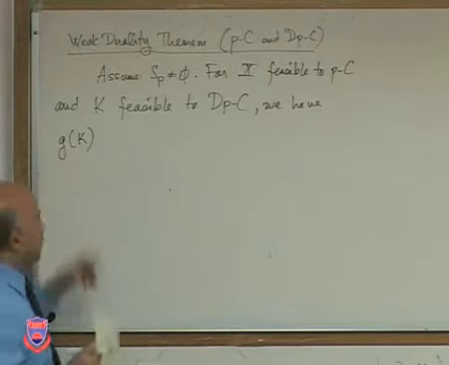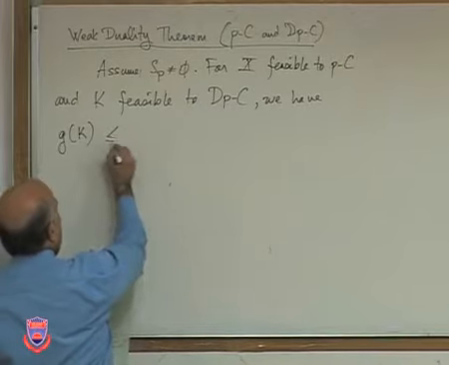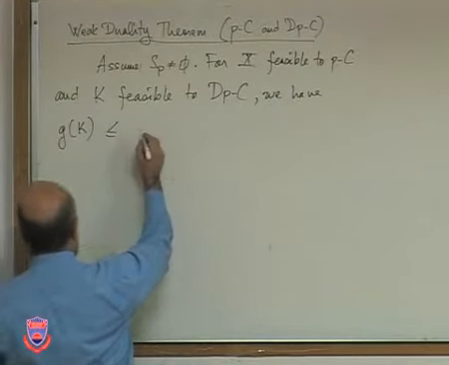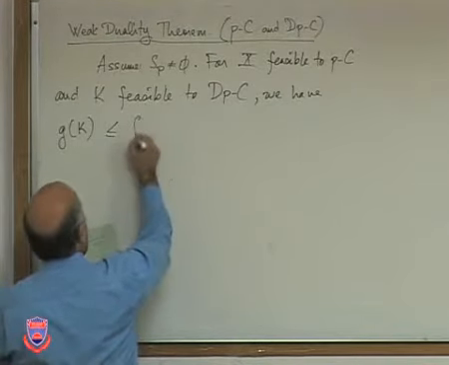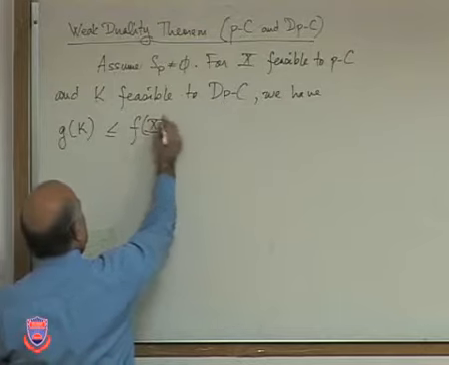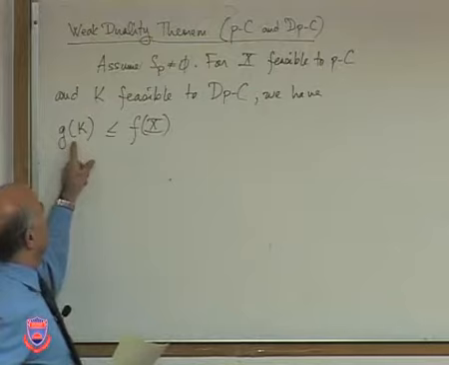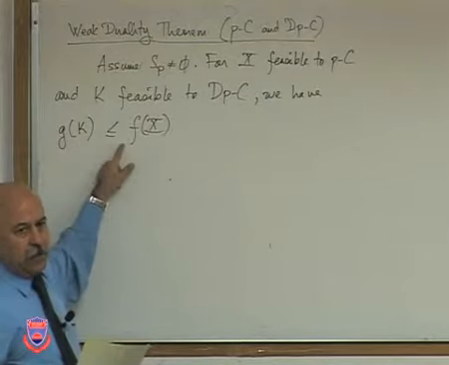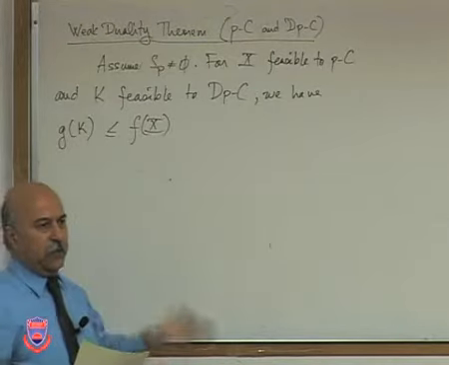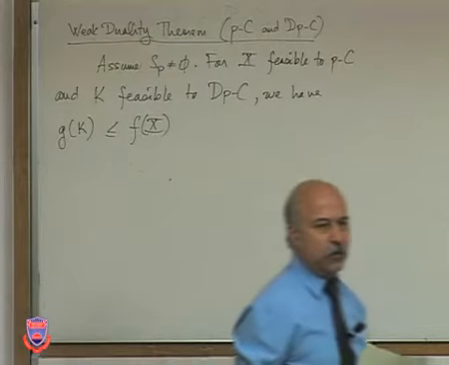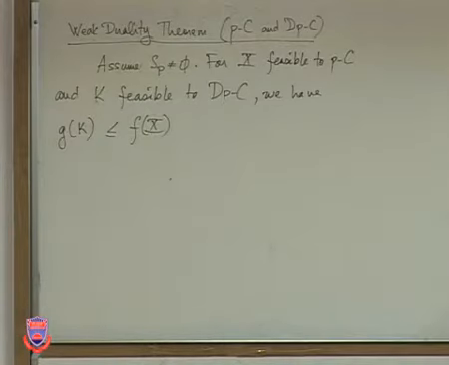In the other one, you're minimizing the f of x value. So it turns out that the objective value for the maximization is bounded above by the objective value of the minimization. That's the typical situation with any duality theorem.